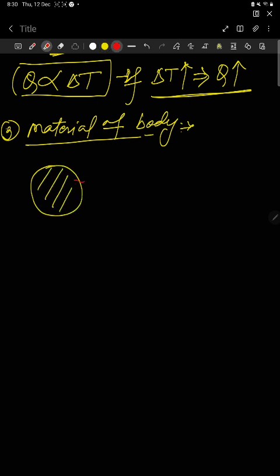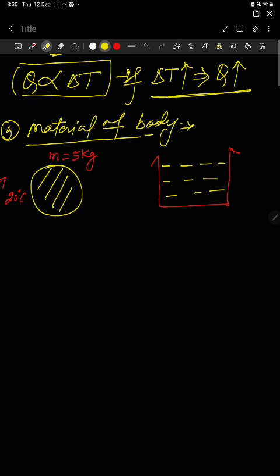This metal ball has mass 5 kg and its initial temperature is 20 degrees Celsius. Now in one more container we have water, and this water has also the same mass, 5 kg. So in this case mass is same, and its initial temperature is also same. Suppose it has temperature 20 degrees Celsius.